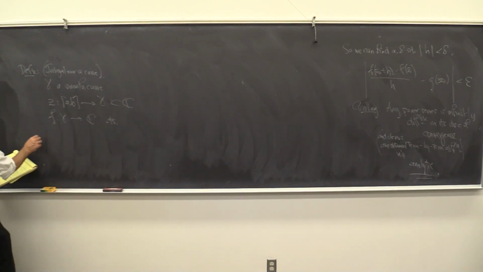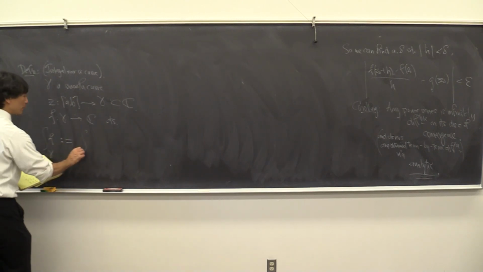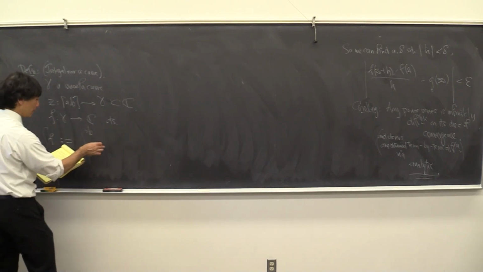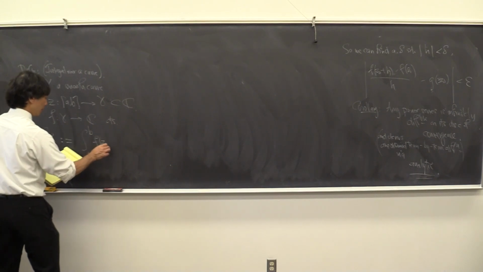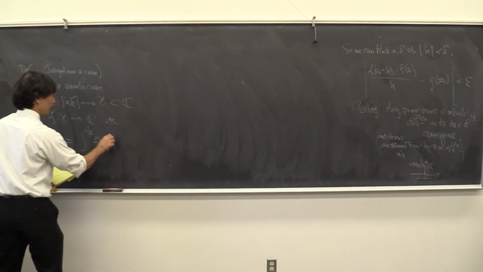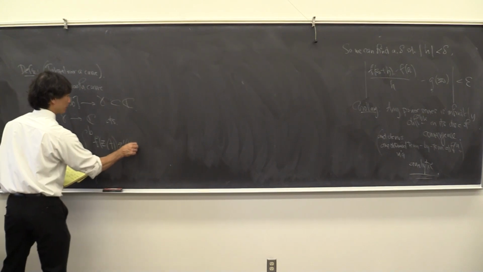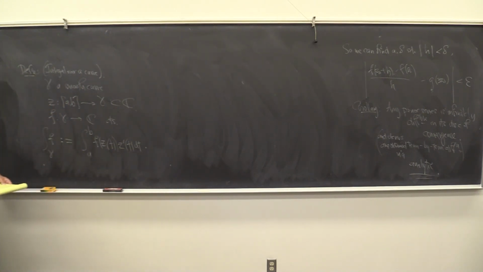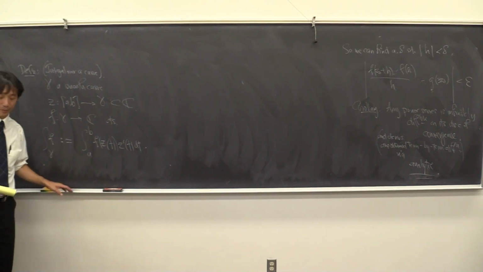Then, as you know, the integral over that curve is going to be the integral from a to b of f of z of t, z prime of t, dt. So this should be pretty familiar to you from basically calculus.